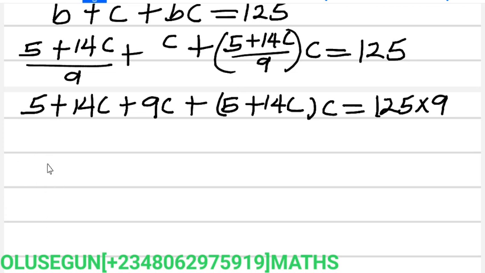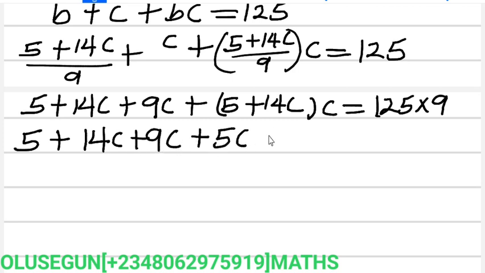5 plus 14c, plus 9c, plus 5c plus 14c squared is equal to 1125. So now let's add 14c plus 9c.